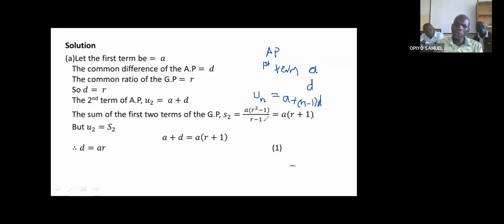Then you should also know the sum of the first n terms, denoted by Sn, which is given by n divided by 2 times, open bracket, 2a plus (n minus 1) multiplied by d.